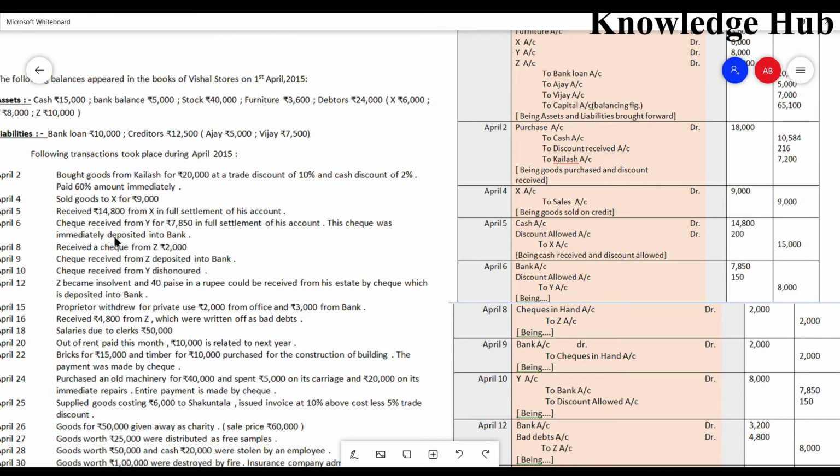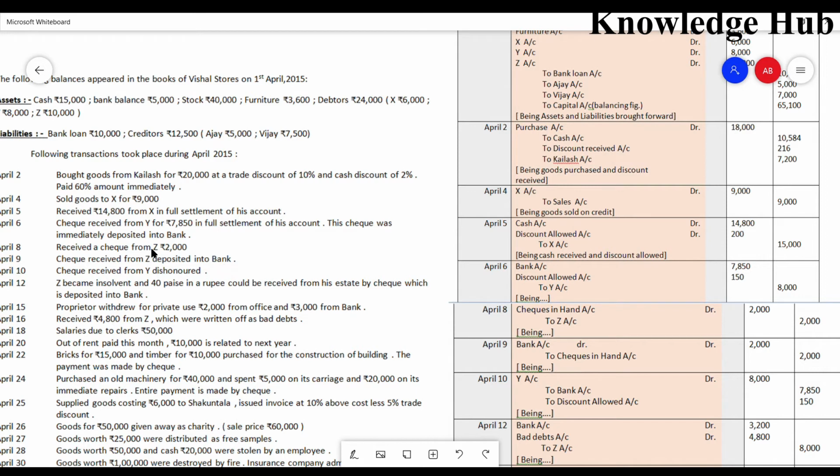One is the bank, another is Z. Since a check is mentioned, we will use bank instead of cash account. So my journal entry would have been bank account debit to Z. But on a later date, it's mentioned: check received from Z deposited into the bank.